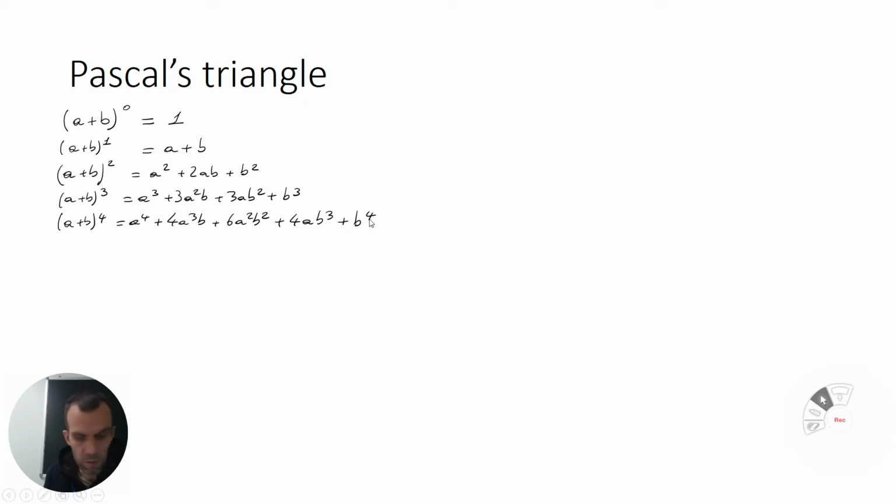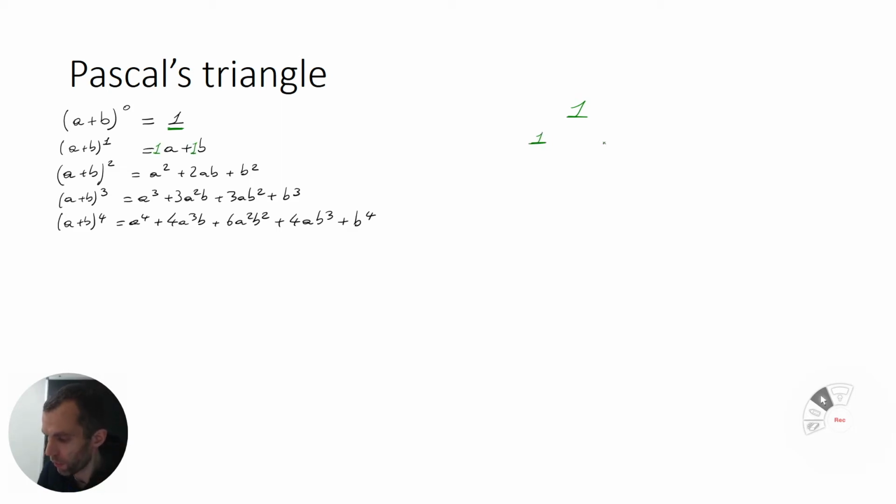And now let's have a look at these coefficients that we have in front of each of these terms. So we see that we have powers of a and b, and then certain coefficients in the triangle. So for the first expression we have a coefficient 1, so we can write that here. Then for the second we basically have another 1 times a and 1 times b.